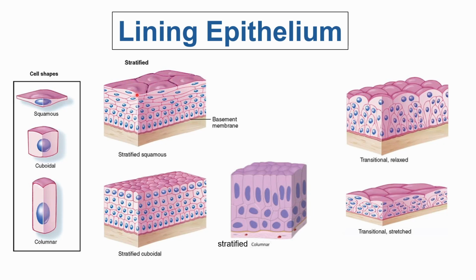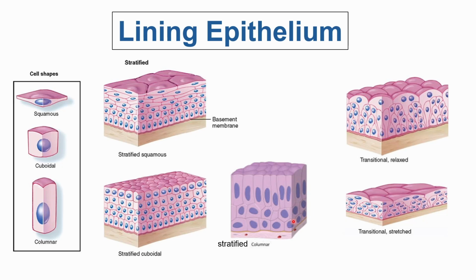So again, it is named only for the top layer. See, stratified cuboidal and stratified columnar. Usually we would see stratified cuboidal and squamous cells. For the stratified columnar, this is not readily seen, but usually seen in only two layers.